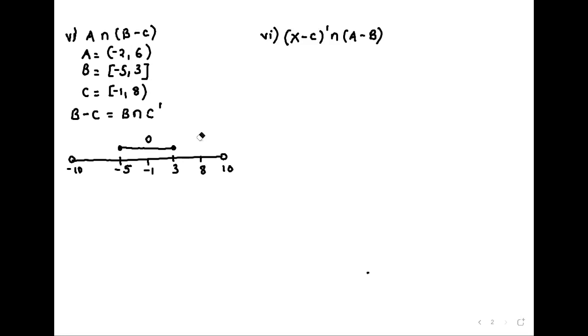So this is C. This is B. Now for the complement of C, we close all the way up to 10, and then we open all the way up to -10.